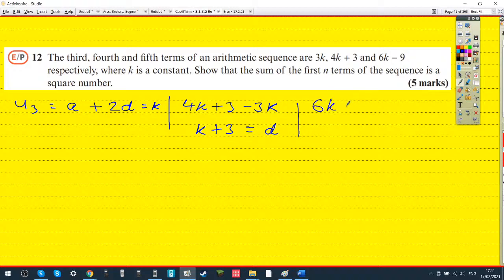So 2K minus 6. Calculator? Minus 12. Equals D.